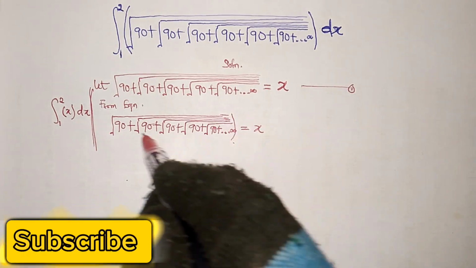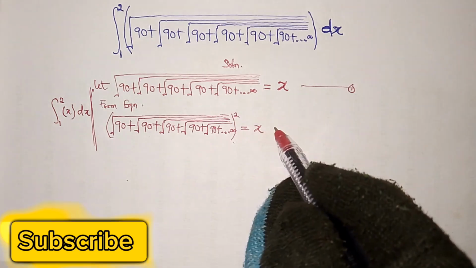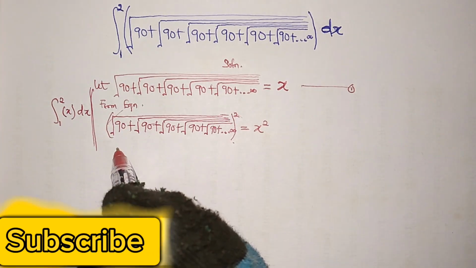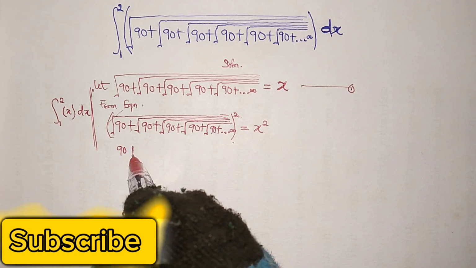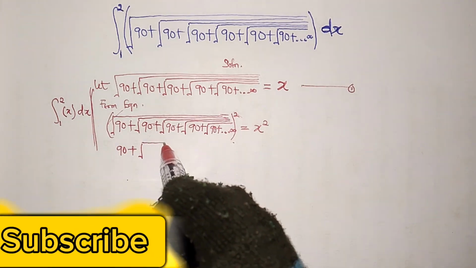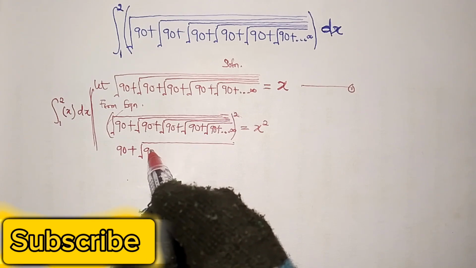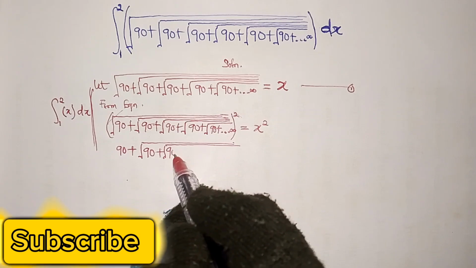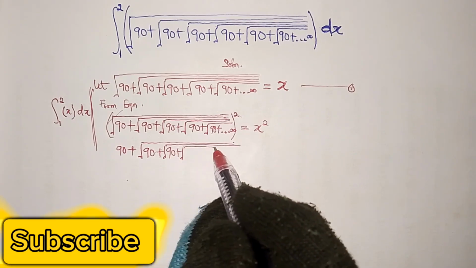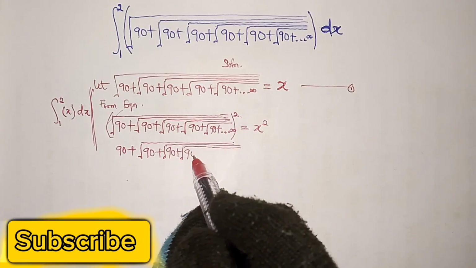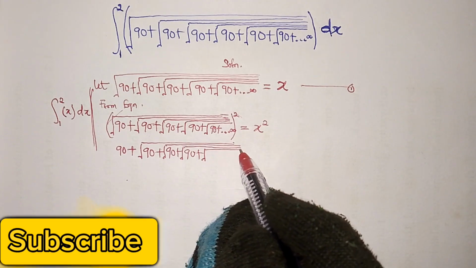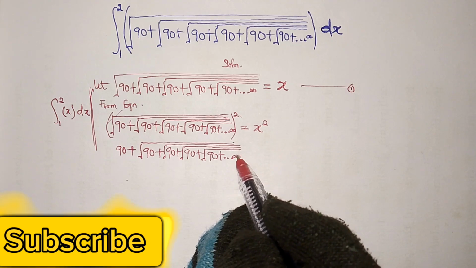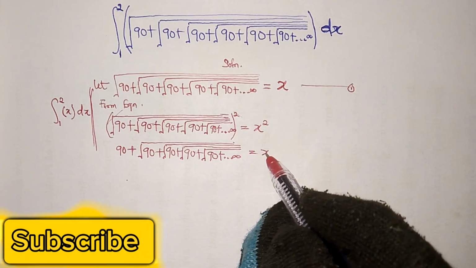We have to square both sides of the equation, and if we square both sides, this will cancel the root and we are left with 90 plus the root of 90 plus the root of 90 plus the root of 90, as it continues to infinity, equals x squared.